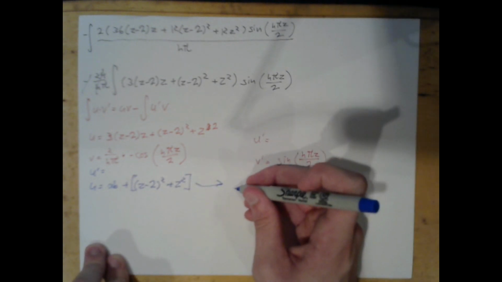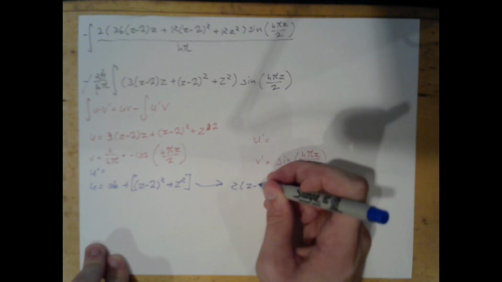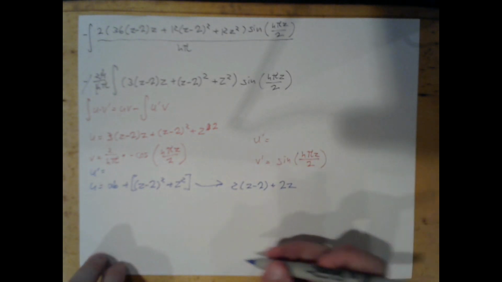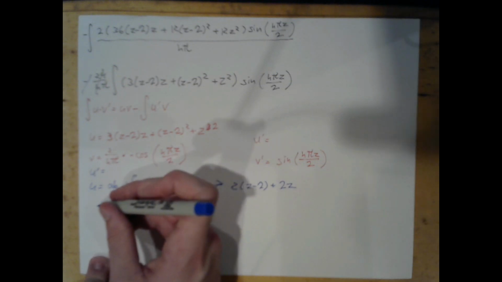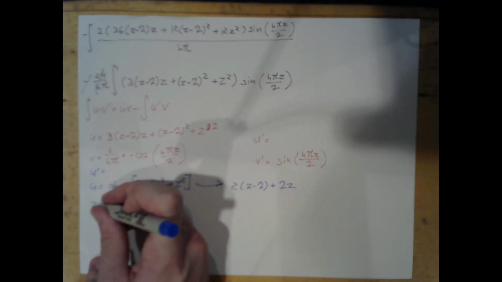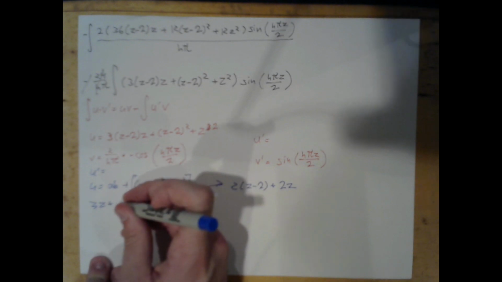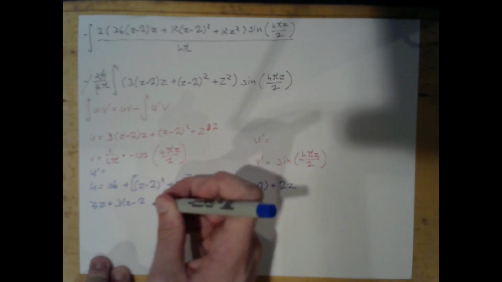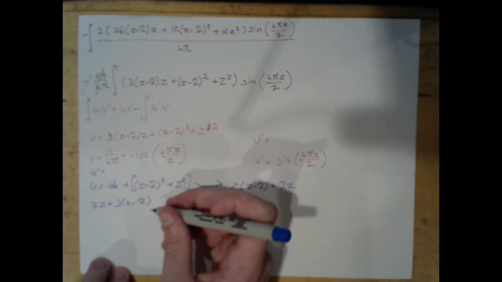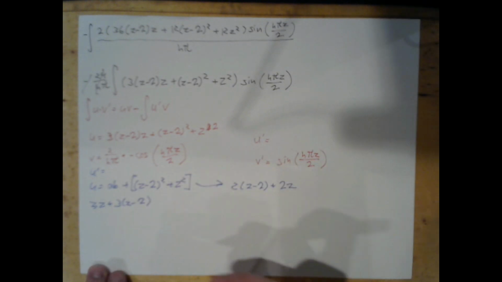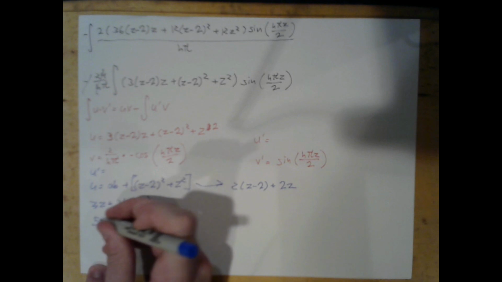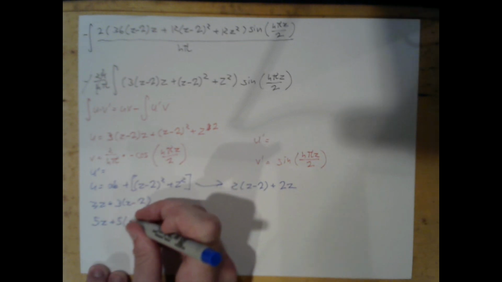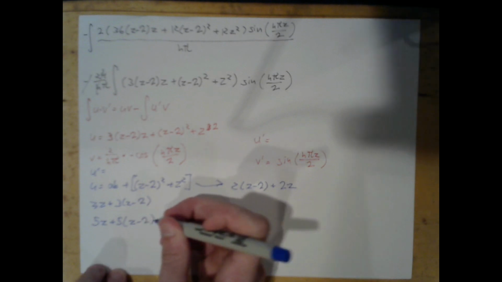We're going to say that it simply is 2z minus 2 plus 2z. Alright, so now for the AB region, we're going to say it's 3z plus 3z minus 2. Okay, so now when we simplify all this, we're going to end up with 5z plus 5z minus 2.